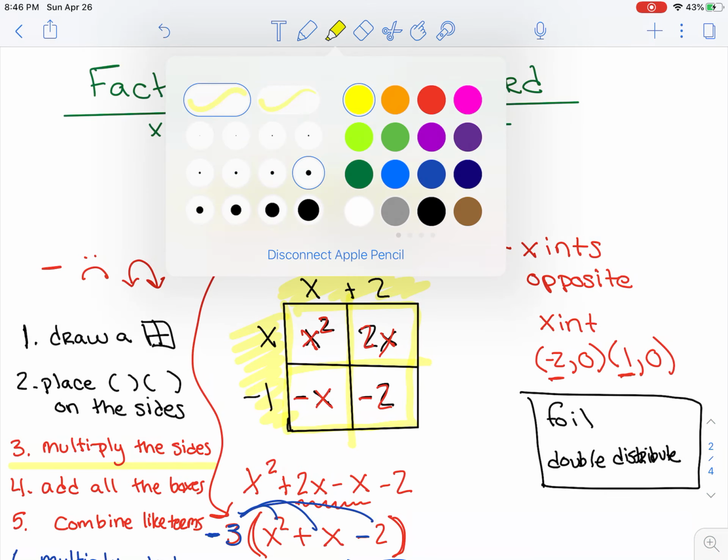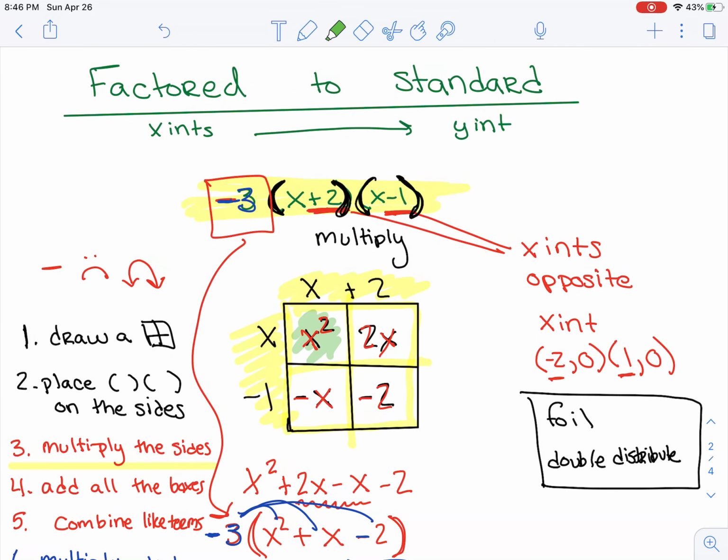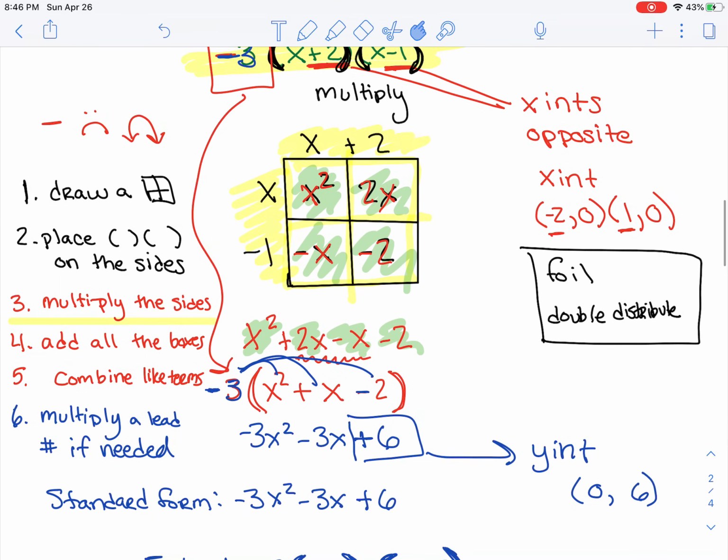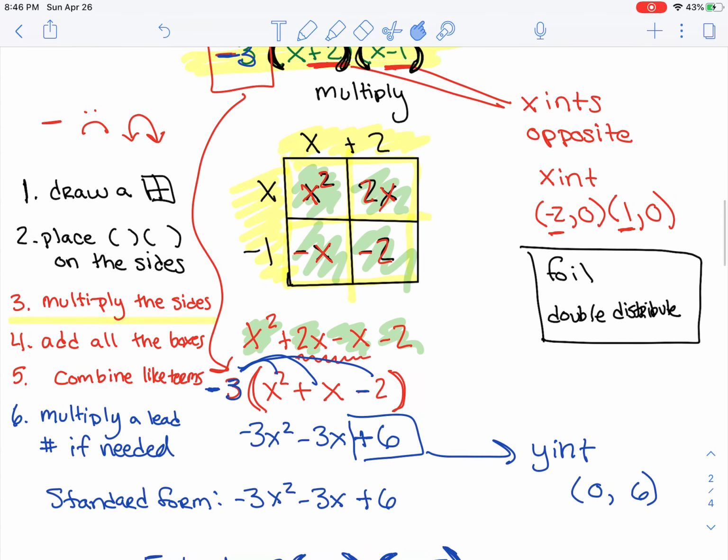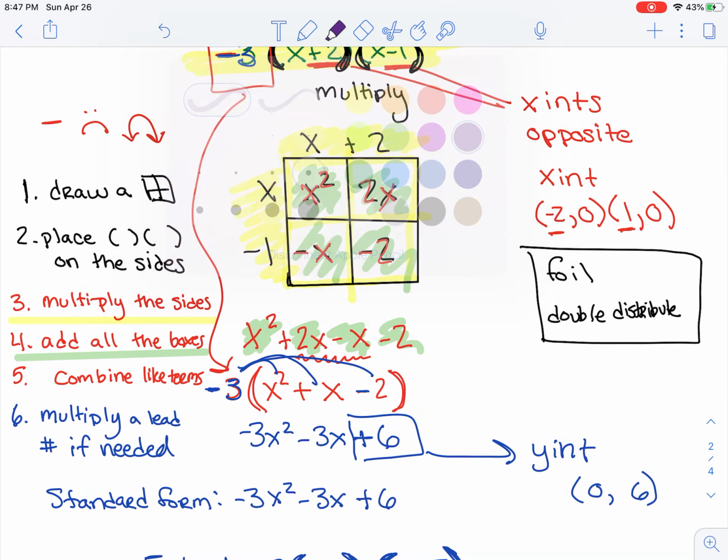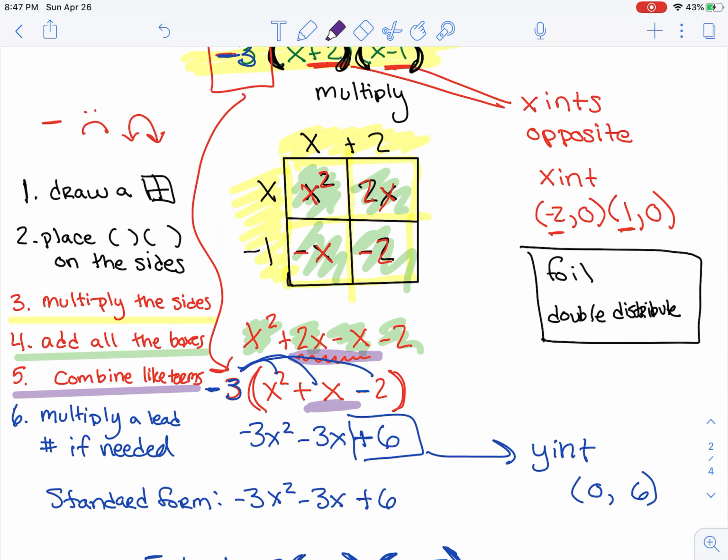Then I take all these pieces in the box and I add them all together. When I do that, there's one piece where I can combine like terms, and it's with the x's. So these two can combine together and they give you just 1x.